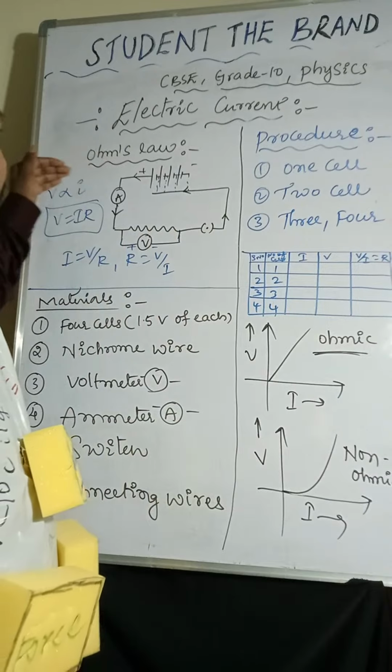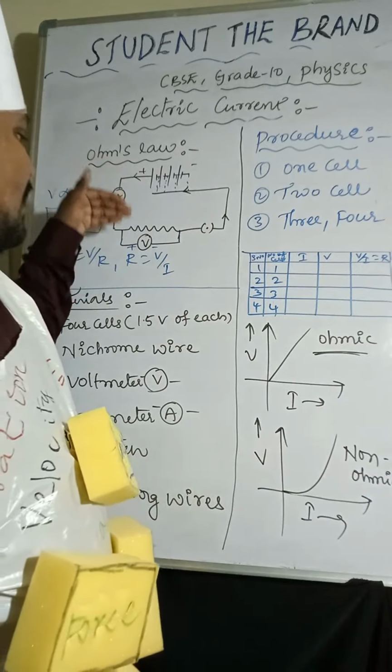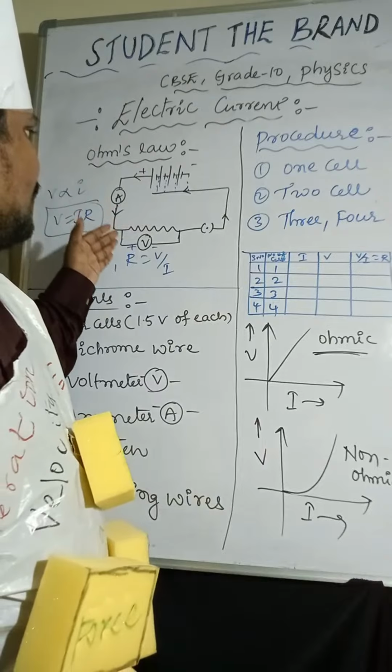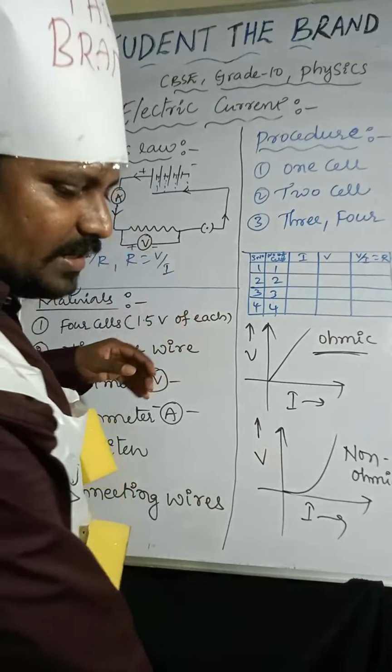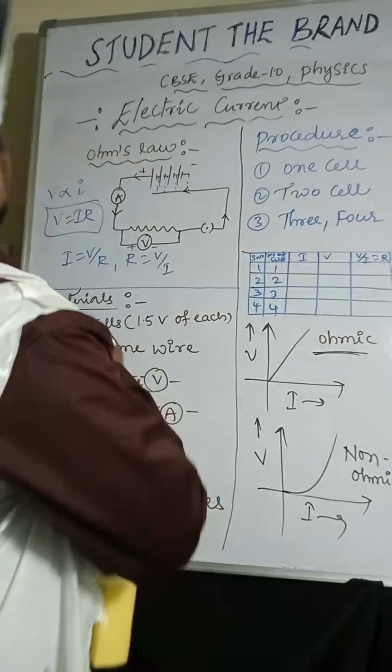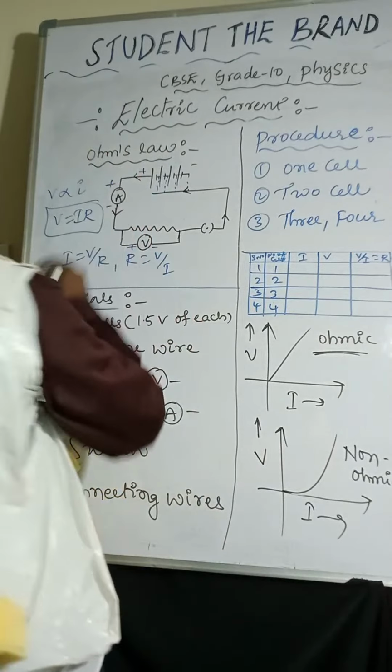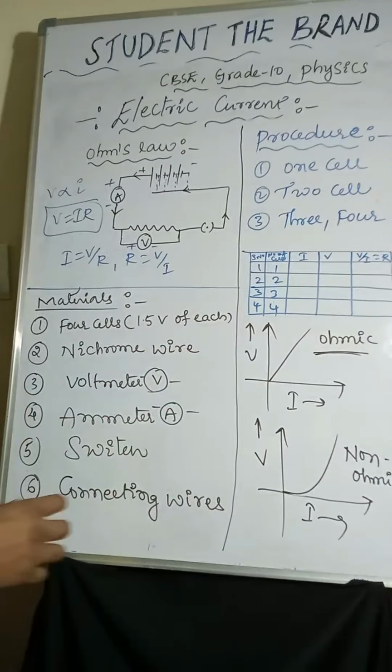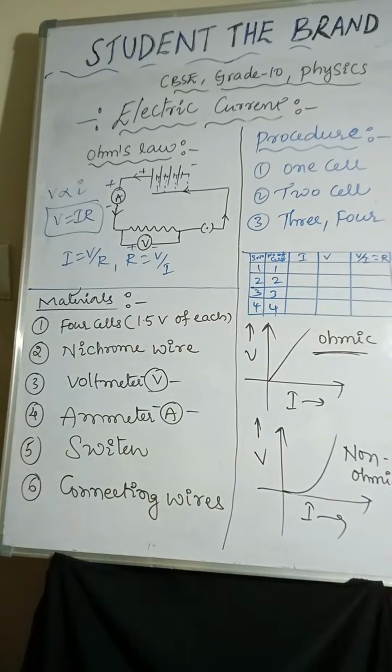First you have to take 4 cells, nichrome wire, ammeter and voltmeter.